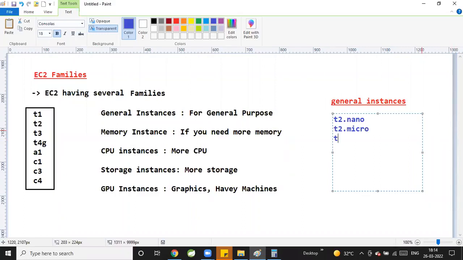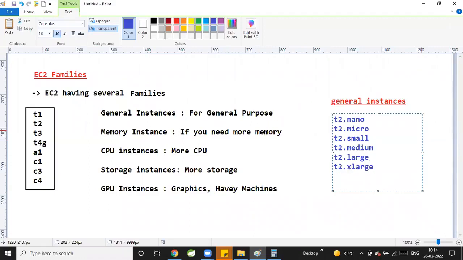T2.small is available. T2.medium is available. T2.large is available. T2.xlarge is available.